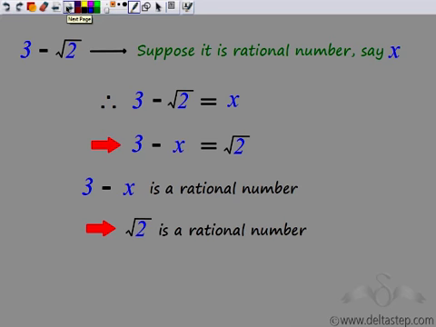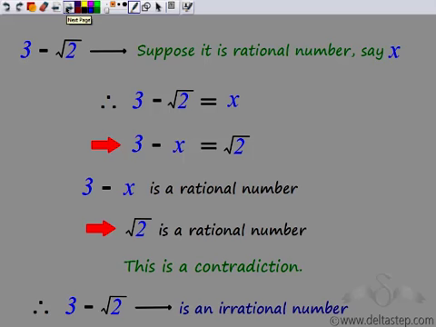So this statement is a contradiction. This means that whatever we had supposed earlier is wrong. We had supposed that 3 minus under root 2 is a rational number, but this contradicts. I get under root 2 as a rational number, which is a contradiction. Hence, whatever I had supposed initially is wrong, which means that 3 minus under root 2 becomes an irrational number.